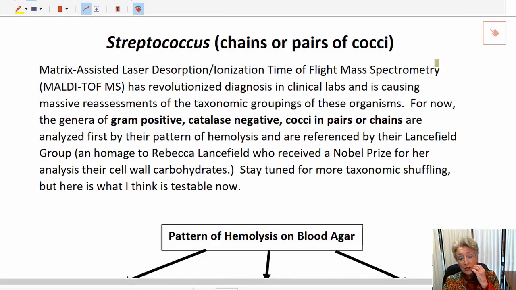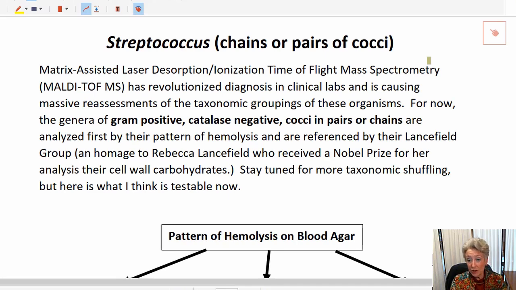Now, that brings us to the genus Streptococcus, which is a massive bunch of creatures. And it's gotten to be such a mess at the current time that I really struggled with what to put in the notes on the topic of this group of agents.